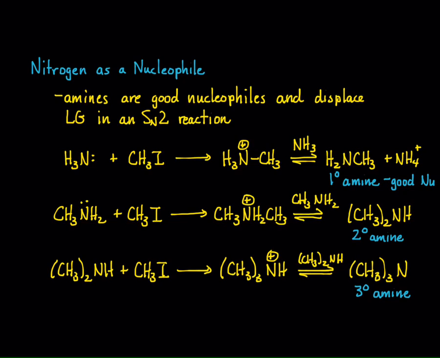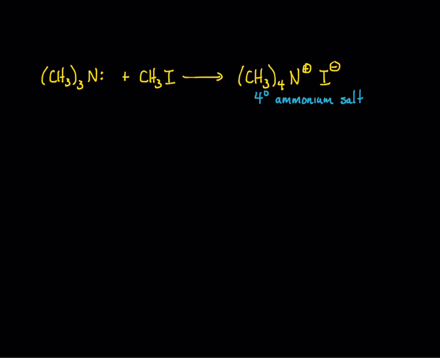And this process can even go a step further because tertiary amines are still nucleophiles. They have a pair of electrons on it, and therefore I can take that trimethylamine and react it with methyl iodide, and finally I get tetramethylammonium iodide. And this is what we refer to as a quaternary ammonium salt.